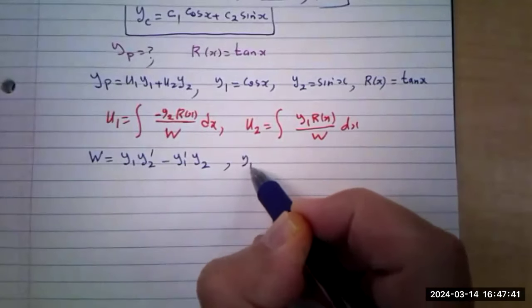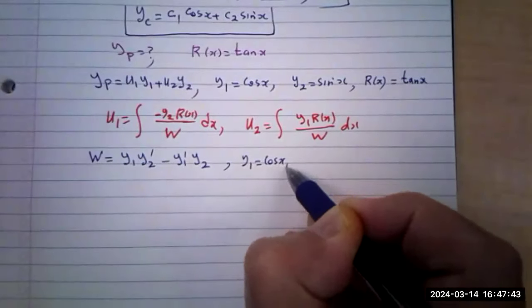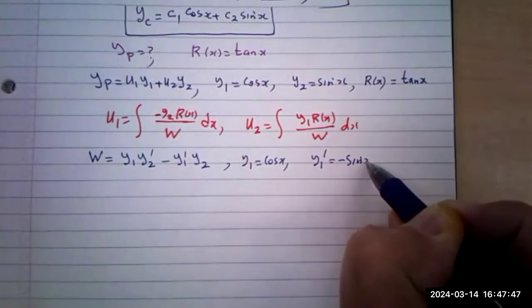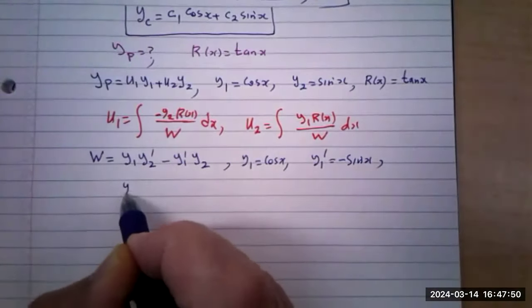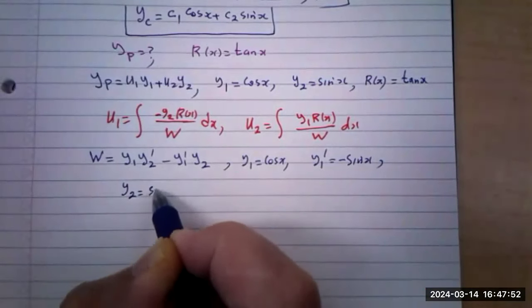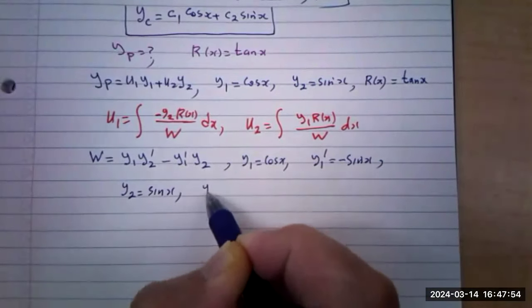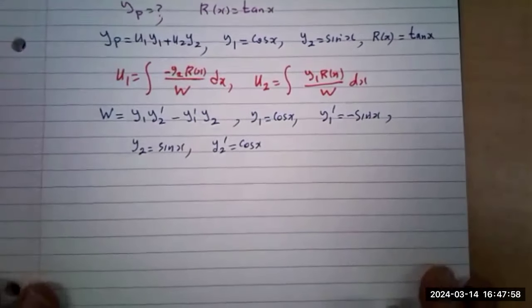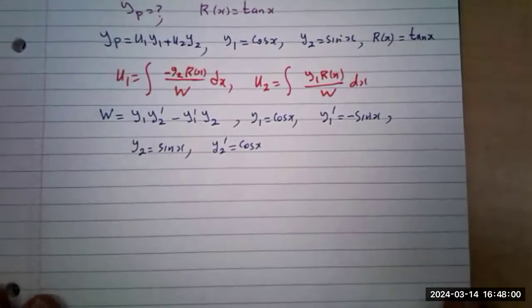There you are, Y1 is cosine of x, so Y1 prime is negative sine. Okay, Y2 is sine of x, so Y2 prime is cosine of x. Carefully substitute.